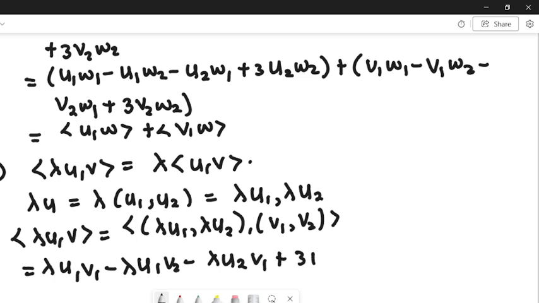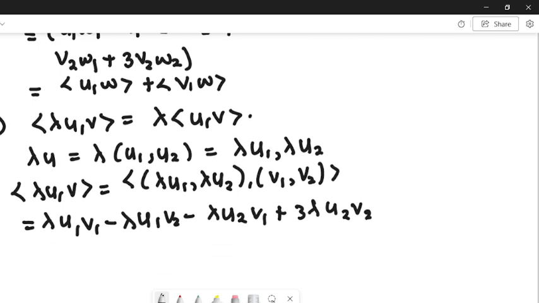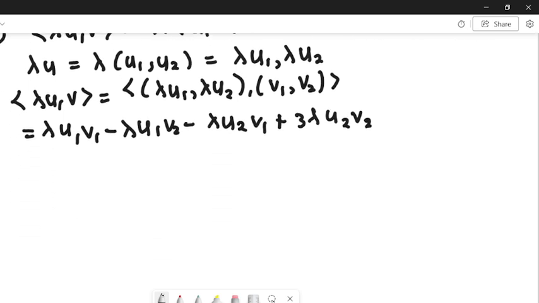So you can just cross-check back for the equation so that you don't make errors. So we are writing this clearly: lambda u1 v1 minus lambda u1 v2 minus lambda u2 v1 plus 3 lambda u2 v2. We have lambda common all across, so we are factorizing out our lambda.